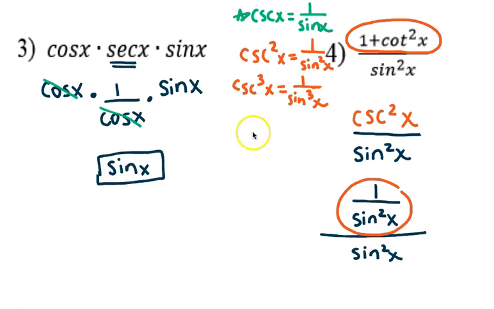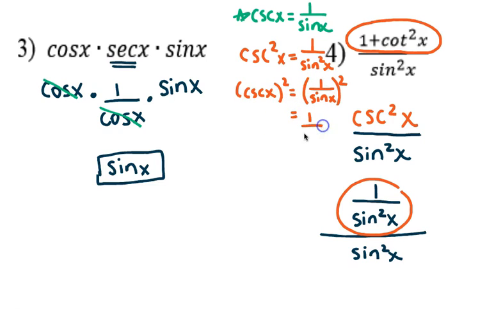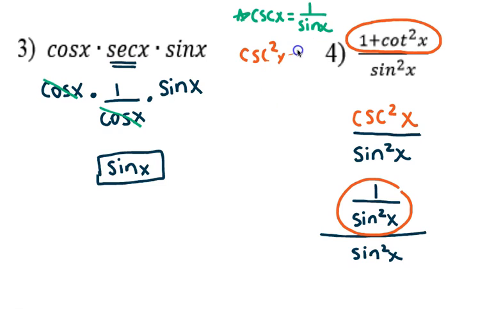Because remember, all we're doing essentially here is this can be written like cosecant x quantity squared, okay? Which really that would just be 1 over sine x quantity squared. And here if we square 1, it's just 1. And if we square the bottom, sine, that is how we're getting that sine squared x. Okay? So we know that we can rewrite it that way.